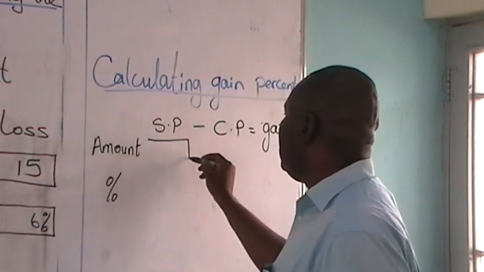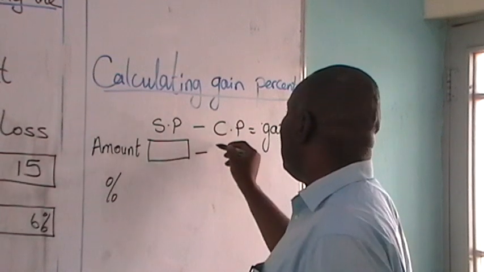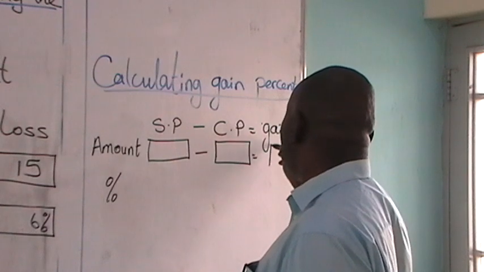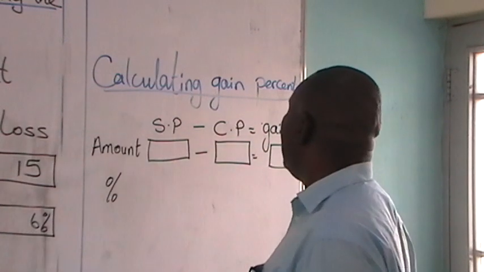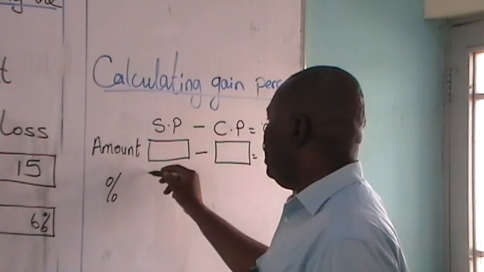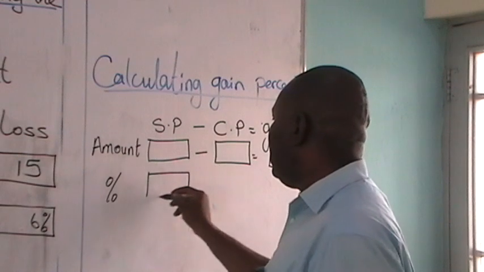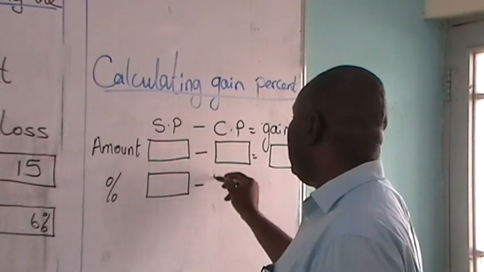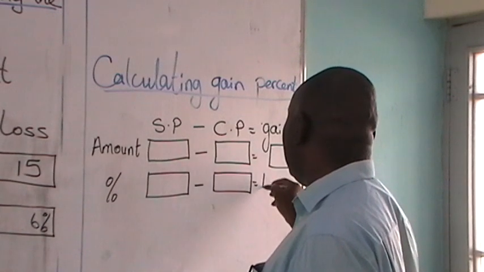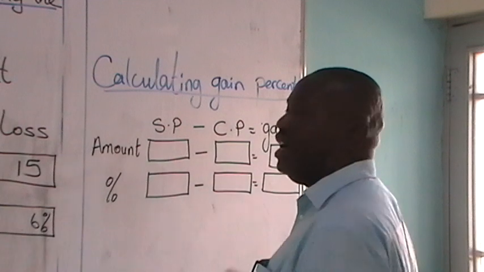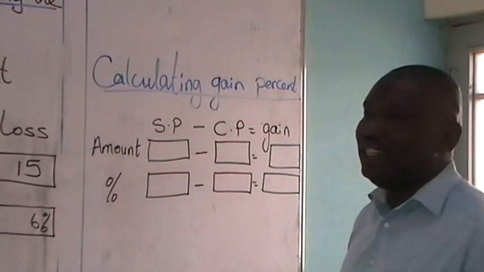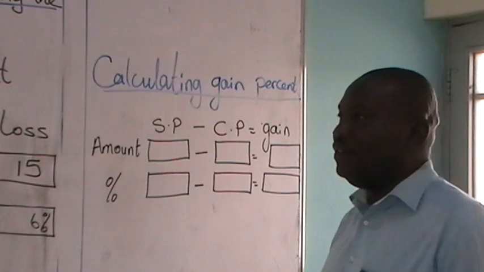Let's have the sale for the selling price amount minus the sale for the cost price amount, which will give us the sale for the gain amount. Then the selling price percent minus the cost price percent will give us the sale for gain percent. Very easy. Practice makes perfect, but when you perfect it, you become a master of the topic.